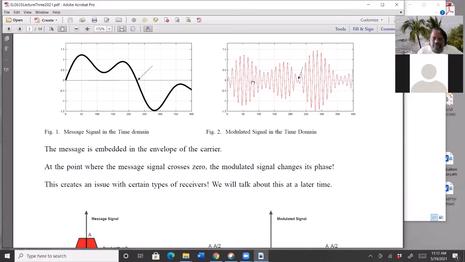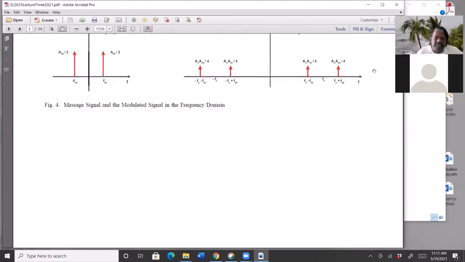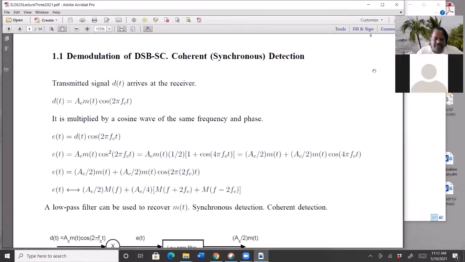If we were to just put a rectifier and capacitor, it will go like this, trace this amplitude, and at this point it's not going to trace this, it will trace this. But there is a more sophisticated detection scheme, which is based on trigonometric identities, which works perfectly fine, and that is called coherent detection or synchronous detection.